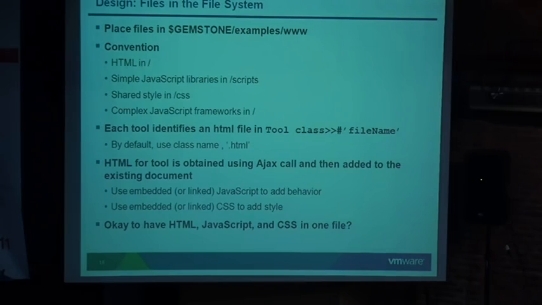Each tool identifies an HTML file that it uses, and the HTML is obtained using an AJAX call and then added to the existing document. So we can use JavaScript to add behavior and CSS to have style. Generally we've split them out, but in some cases we do put them all together.